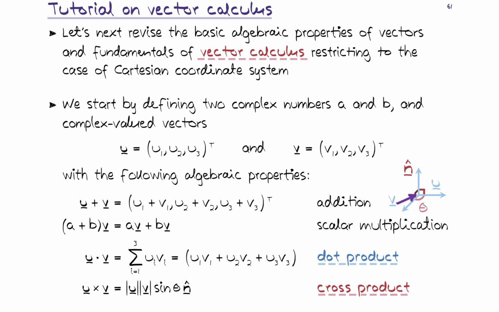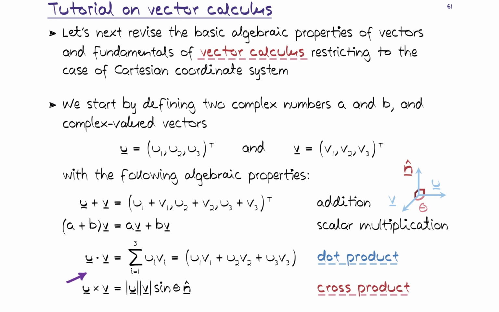If u and v were pointing along the same direction, the angle theta would be 0, and this sine term becomes 0, so the cross product of two vectors that point along the same direction is identically 0. This is a nice thing we can already see from the graphical representation of the cross product.